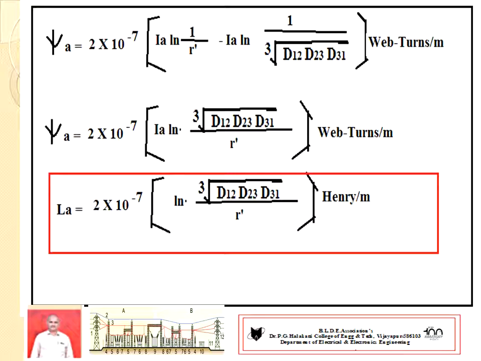Once you know the flux linkage, it is possible to calculate inductance. So, the inductance of conductor A equals the flux linkage of conductor A divided by the current flowing through conductor A, that is, divided by Ia. So, simply remove Ia from the above expression.